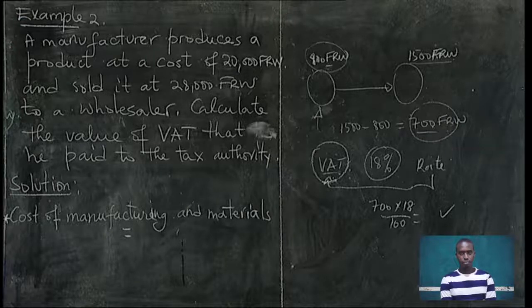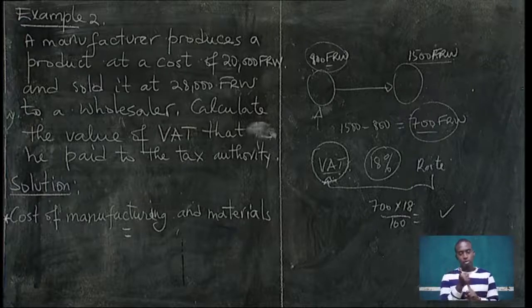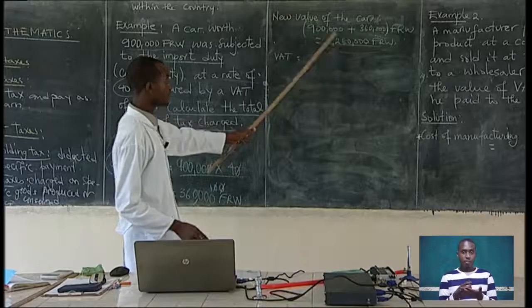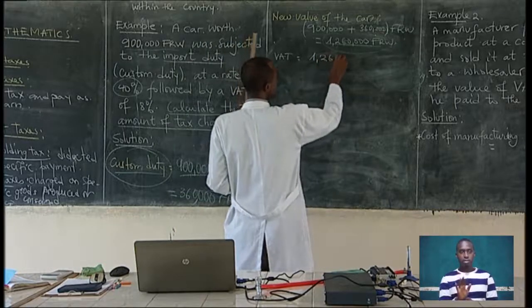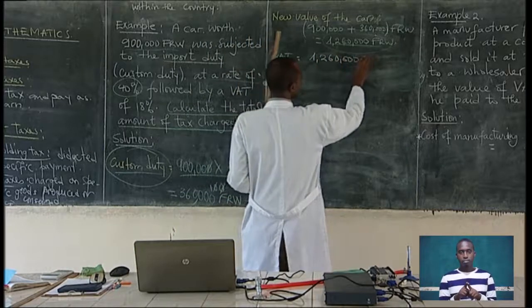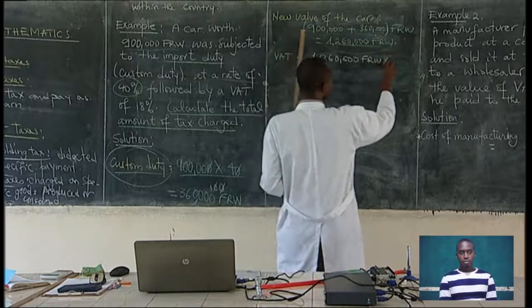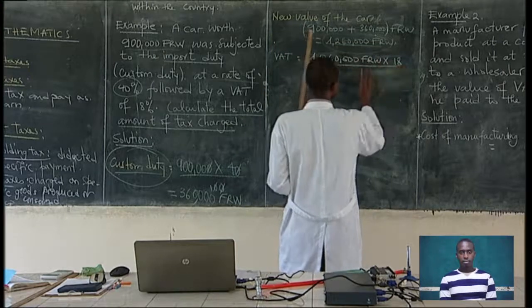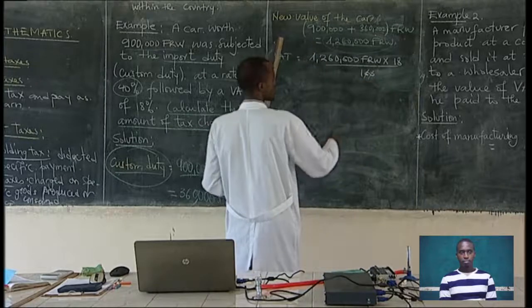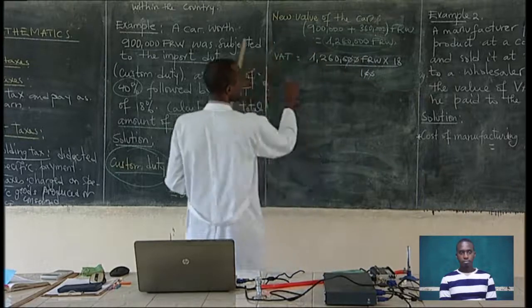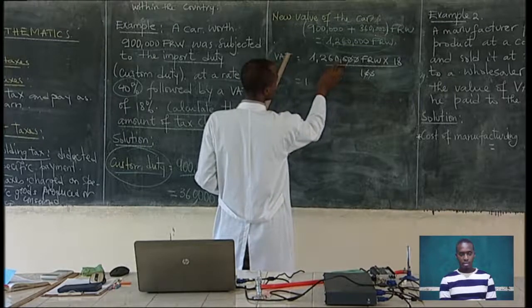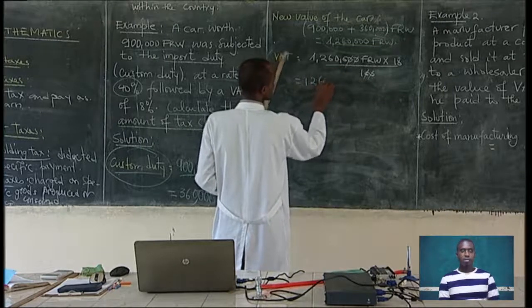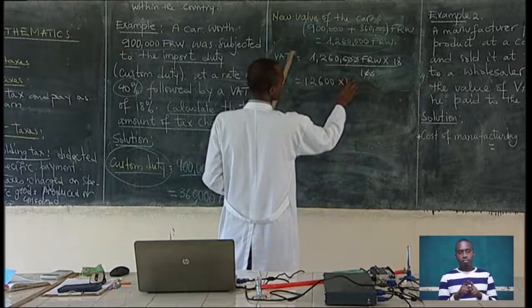Okay. So now, after getting the new value of the car, you need to calculate its VAT. You will take 1,260,000 Rwanda francs, you multiply by 18 and you divide by 100. This zero goes with this one, and you remain with 1, 2, 6, and the 2 zeros times 18.